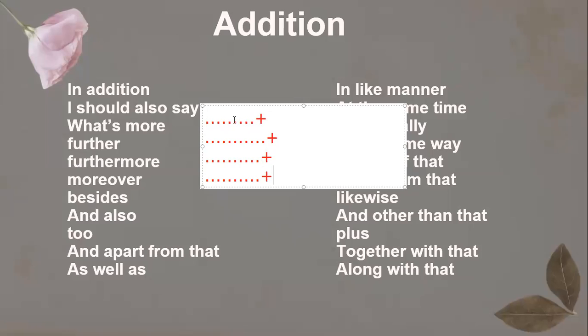Then you can say, besides, I am a clerk. And apart from that, I am tall, as well as I am dark.